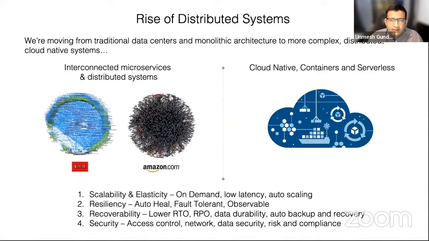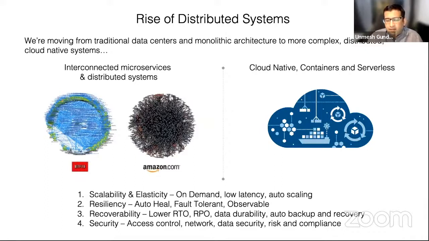Now, the distributed nature of systems brings a lot of benefits like scalability and elasticity, where you have your architecture scale up as demand grows, and scale down as the demand comes down. The cloud vendors provide you a lot of features to achieve that. You have resiliency, auto healing, and fault tolerant architecture.